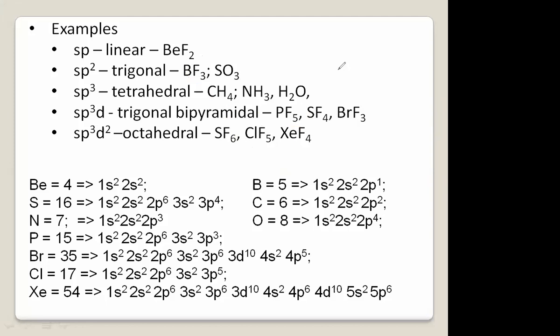So if you look at ammonia here, you will see that ammonia doesn't have 4 terminal atoms attached to the central atom. We'll explain why that is.